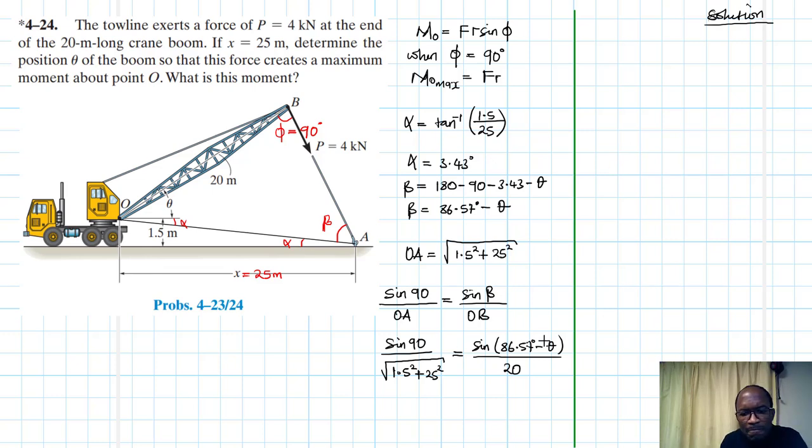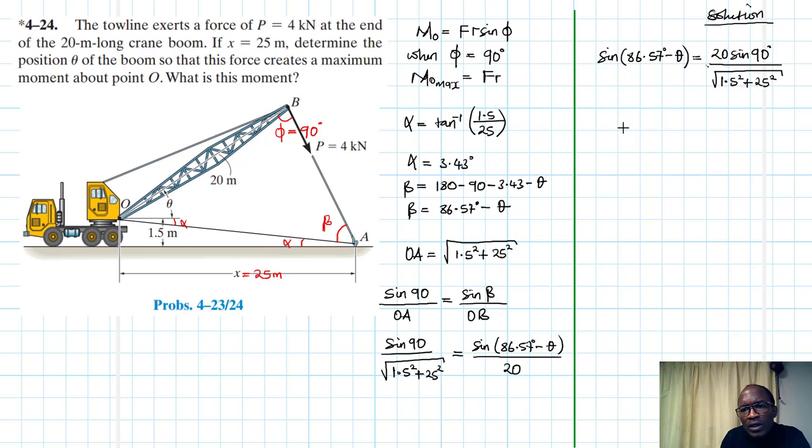So let's solve this. We'll say sine of 86.57 degrees minus theta is equal to 20 sine 90, and we know sine 90 is 1, I just wanted to include it there, divided by the square root of 1.5 squared plus 25 squared.